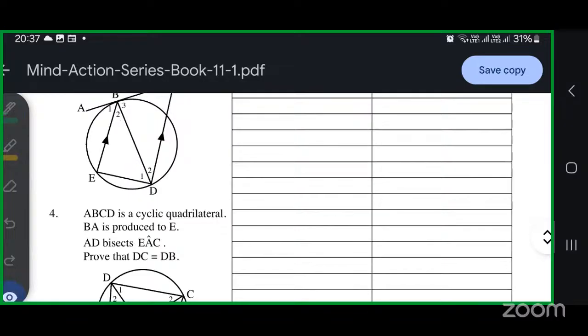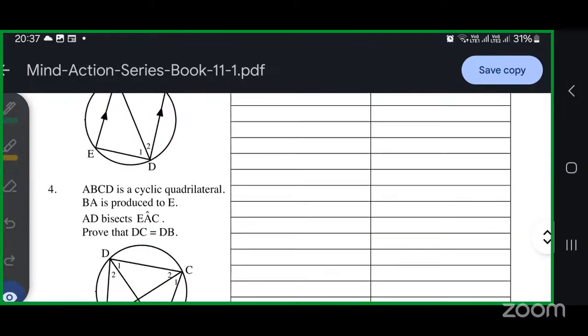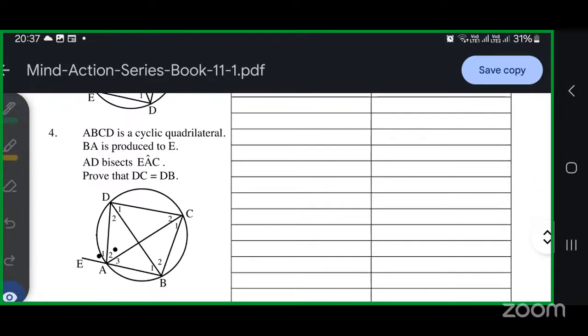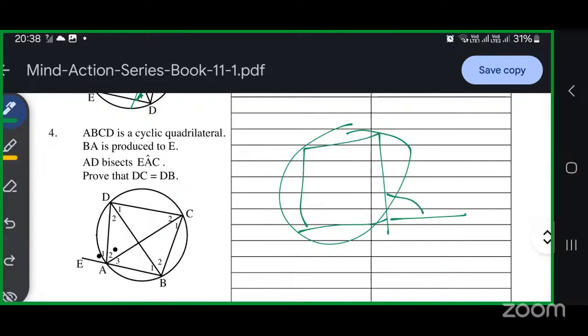Move to number 4. Here we are given the properties of a cyclic quad: the exterior angle of a cyclic quad is equal to the interior opposite angle. Therefore, this angle will be equal to that angle. Now, what are we going to say?